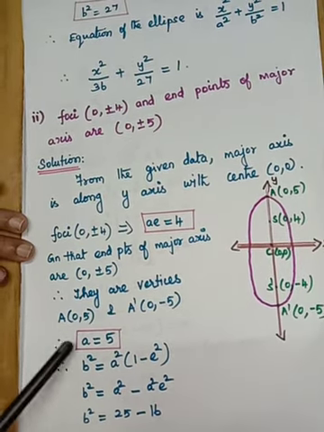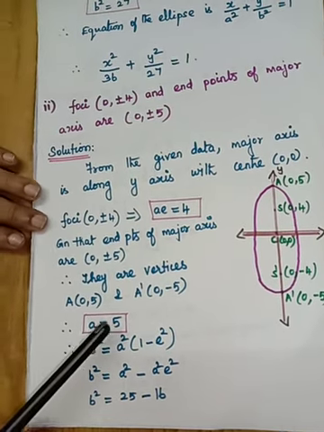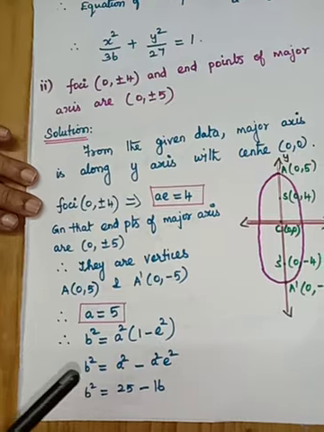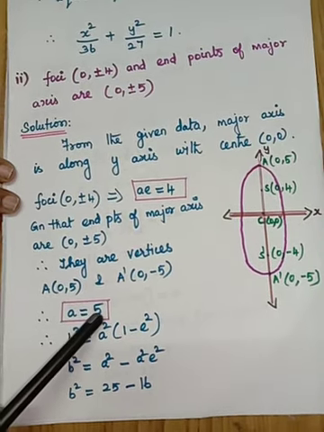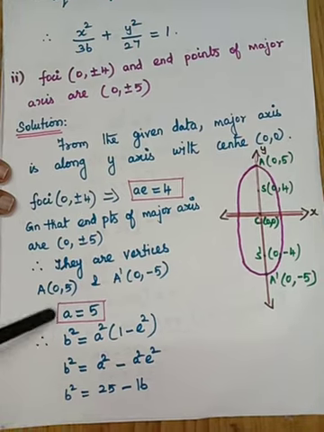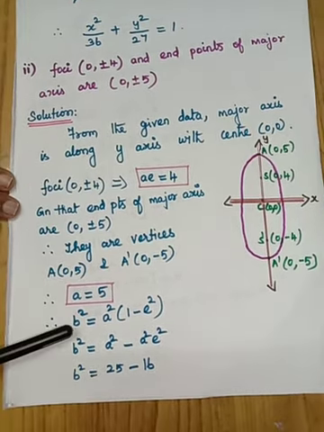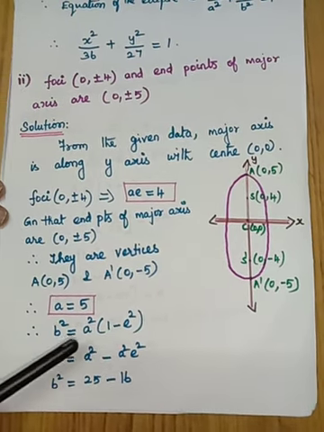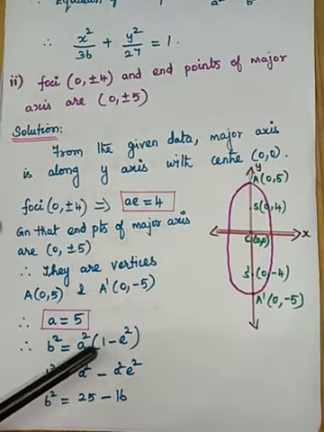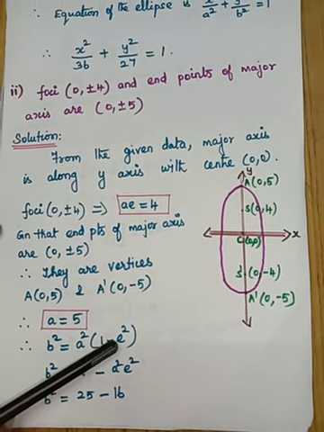The formula for the vertices of the ellipse is 0, plus or minus a. So from this A and A dash, a is equal to 5. We have found a and ae is in your hand. We can easily find b squared using the formula b squared is equal to a squared into 1 minus e squared.